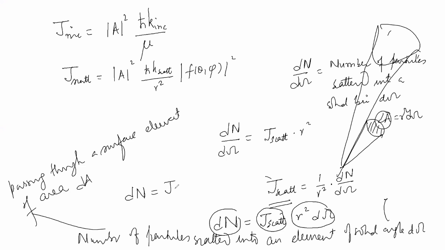Either I can write dN is equal to J scattered times dA, where dA is the differential area through which all these particles will pass, and that is equivalent to J scattered times r square d omega.